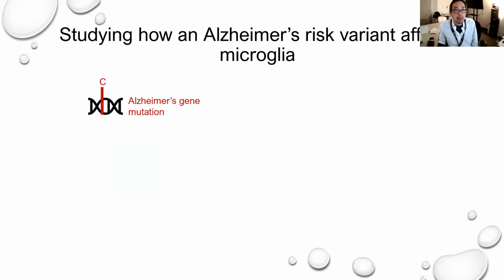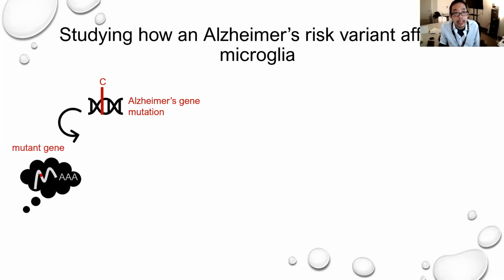So I just have one more short story that we have been working on in the lab. So this is from our microglia group. So they've been studying how these Alzheimer's disease risk gene variants affect microglia thought and behavior. And so they are able to integrate Alzheimer's gene mutations into embryonic stem cells and differentiate these embryonic stem cells into human microglia-like cells.